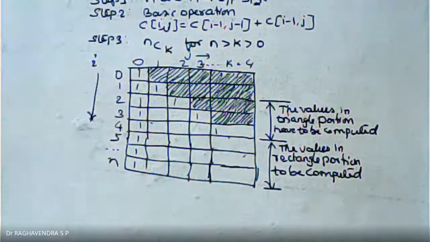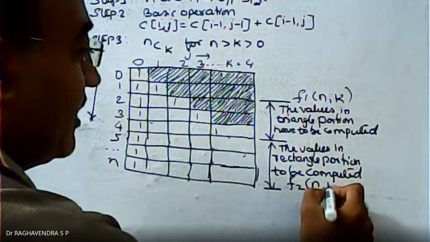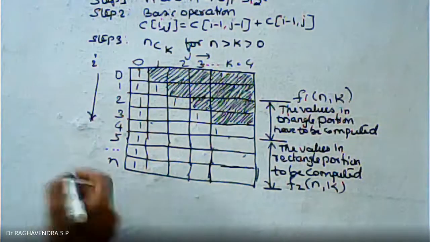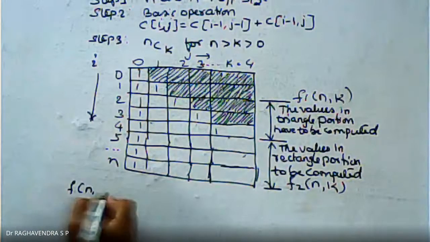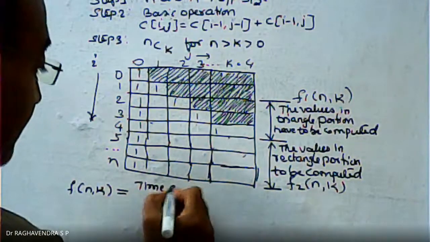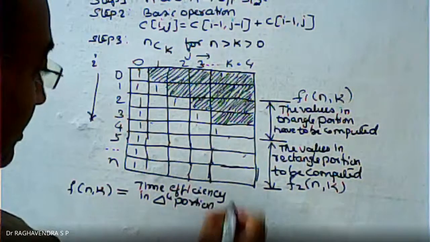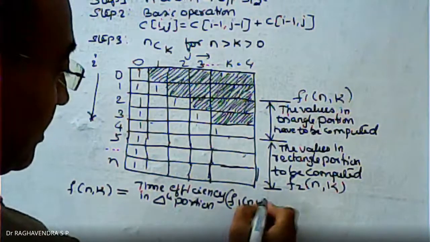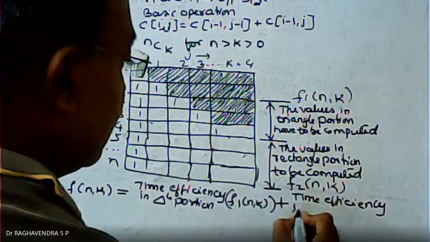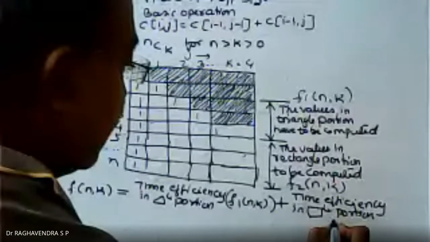So if you call this f1 of n comma k, and this f2 of n comma k, the total time complexity of this binomial coefficient is f of n comma k, equal to the time efficiency to compute the values in the triangle portion, that is f1 of n comma k, plus the time efficiency in the rectangle portion, that is f2 of n comma k. Entire table means it is a combination of triangle as well as rectangle.